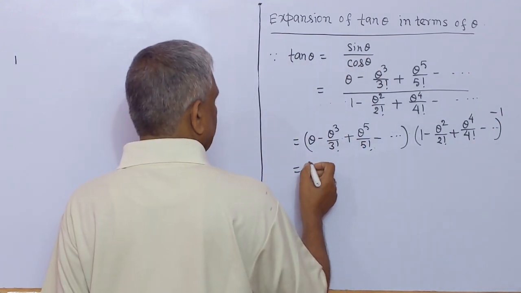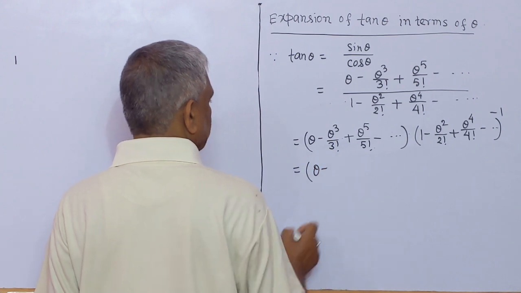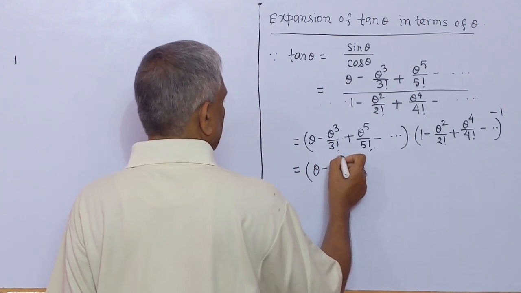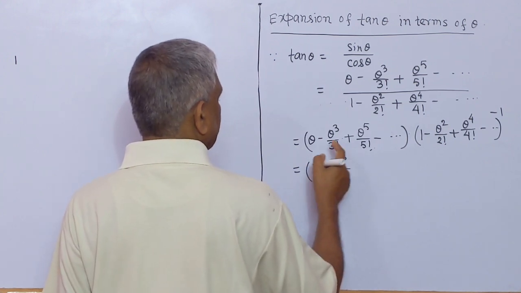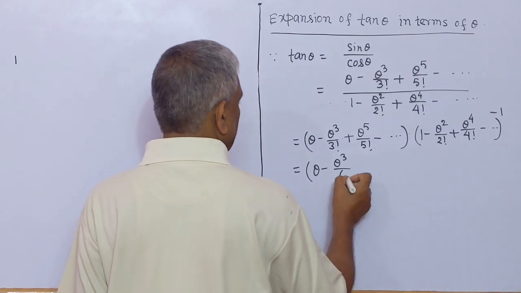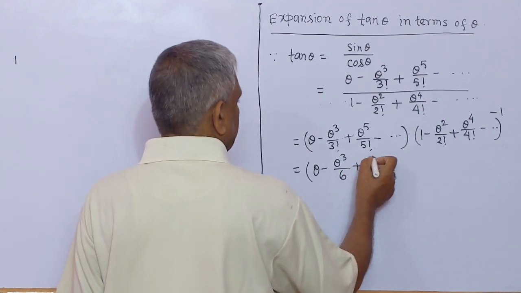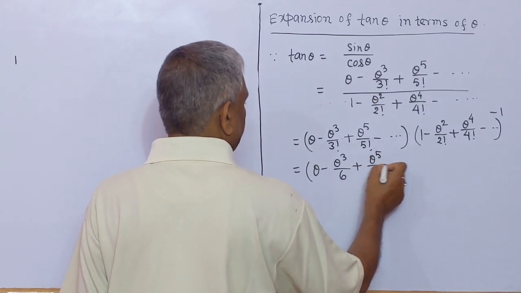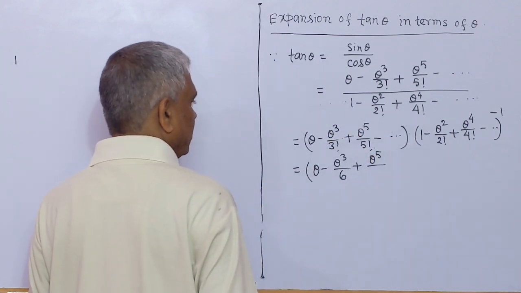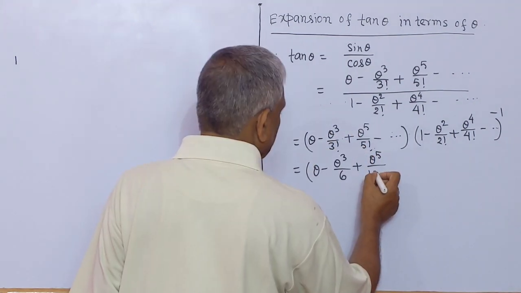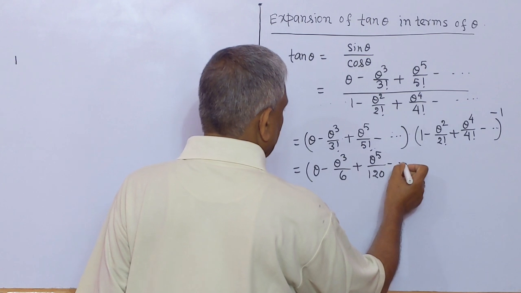We may write this as theta minus theta cube by factorial 3, which means 6, plus theta to the power 5 by factorial 5, which is 120, minus dot dot dot dot.